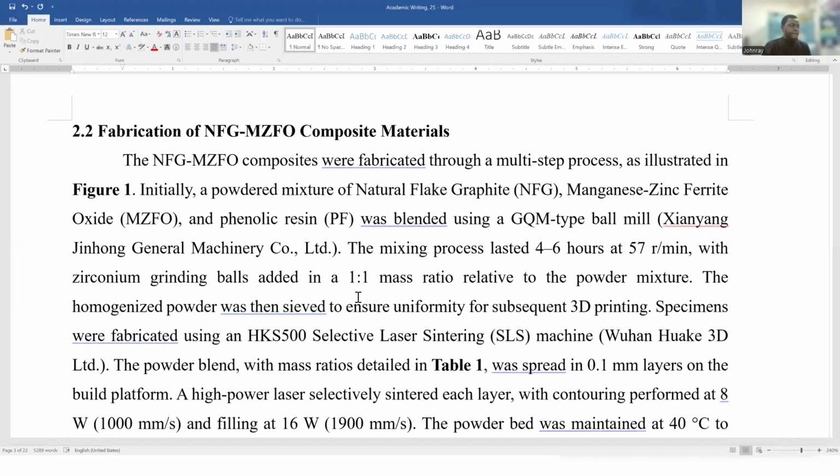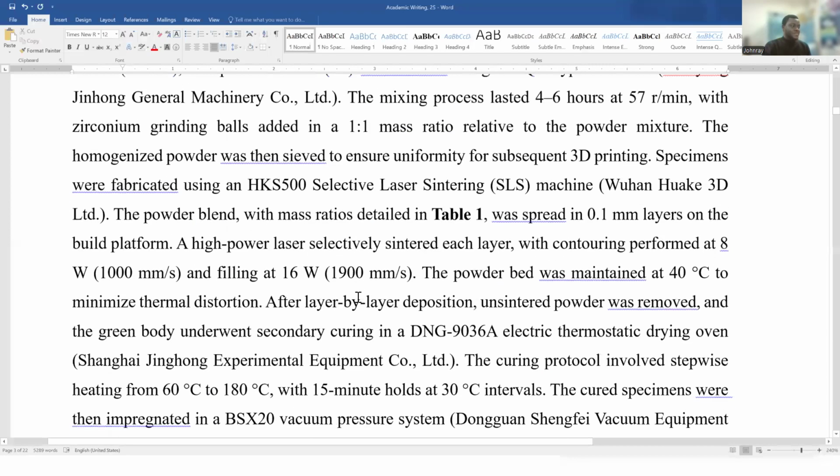A high-powered laser selectively sintered each layer, with contouring performed at 8 watts, that's 100 meters per second, and filling at 16 watts, that's 100 meters per second. The powder bed was.